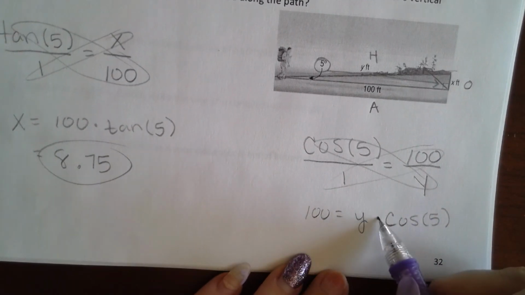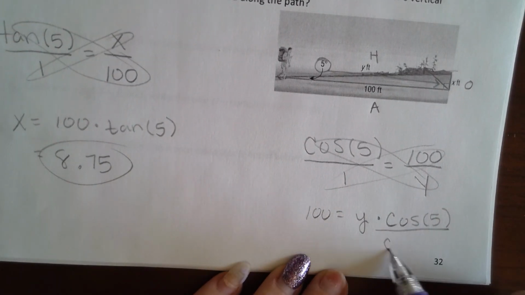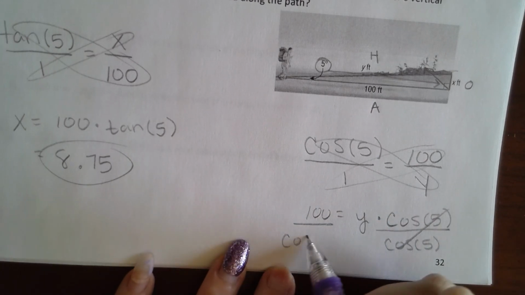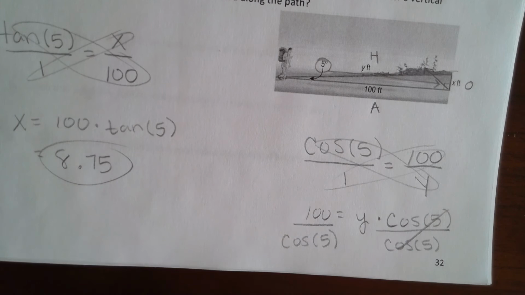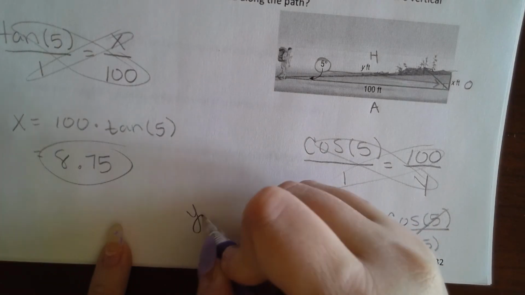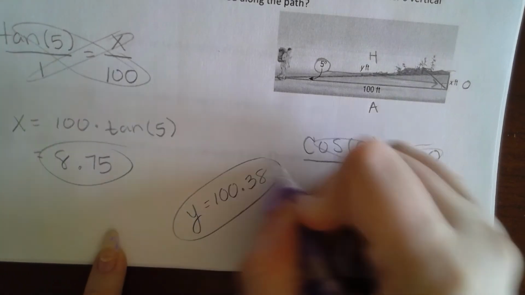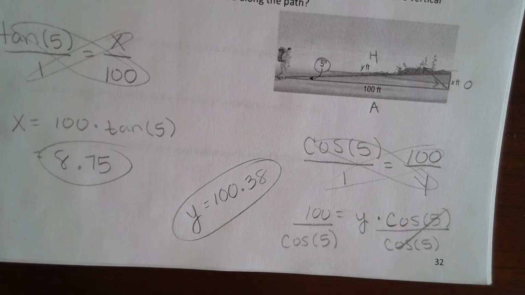Y is not by itself, so to undo this multiplication, we'll use division. So 100 divided by cosine of 5 gives us a y answer of 100.38.